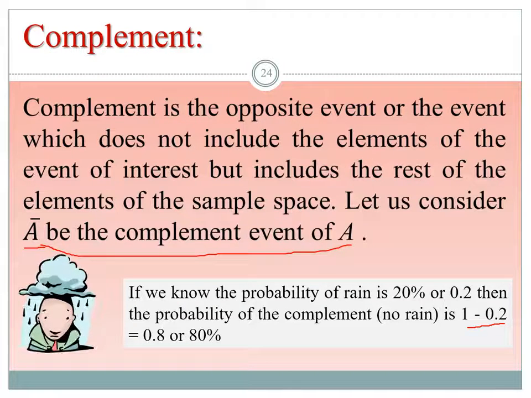So the complementary probability: the probability of A complement equals 1 minus the probability of A.